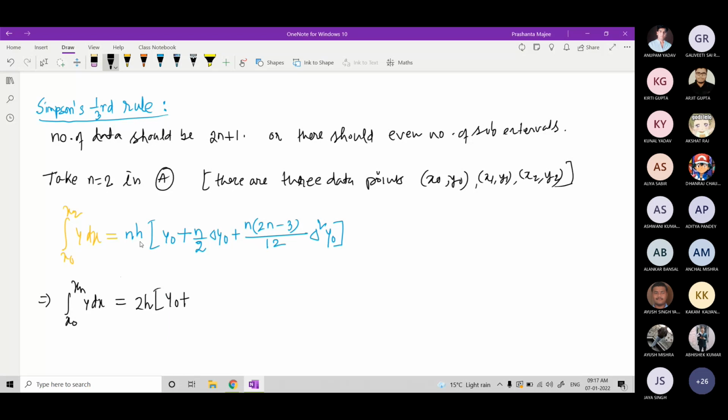2 by 2 will be cancelled out, 2 by 2 delta y0.